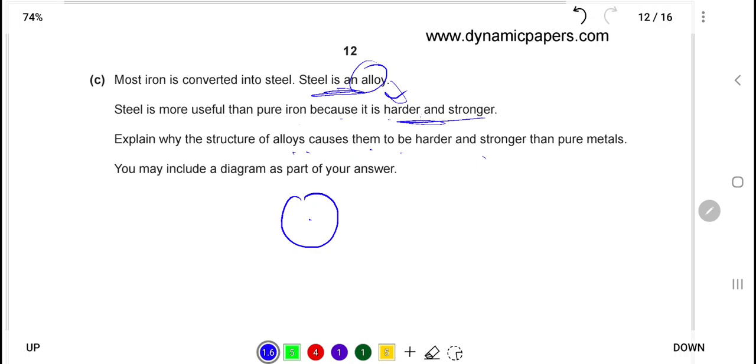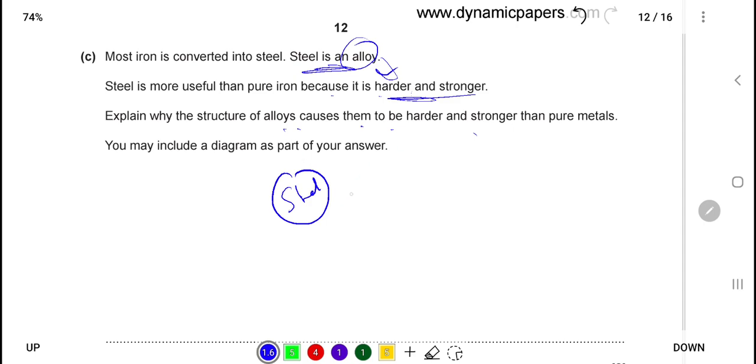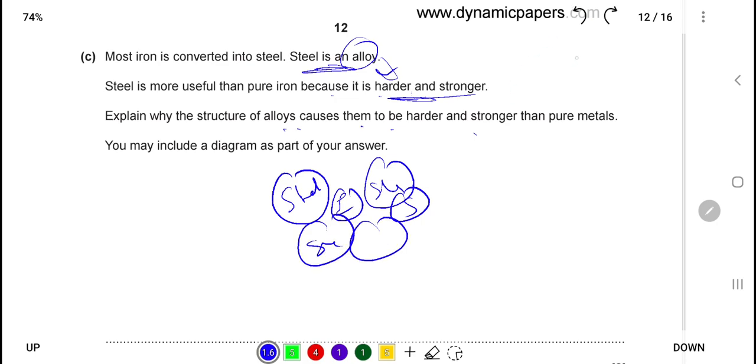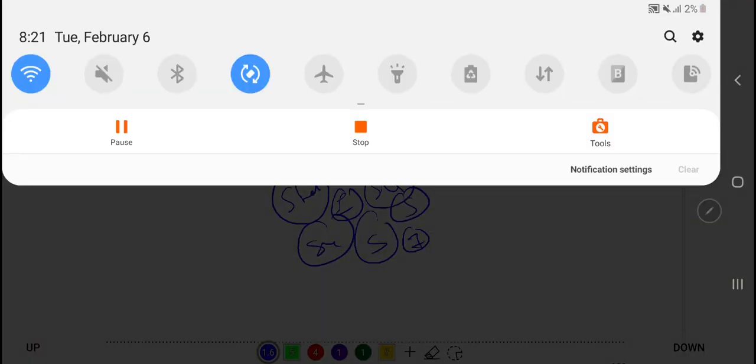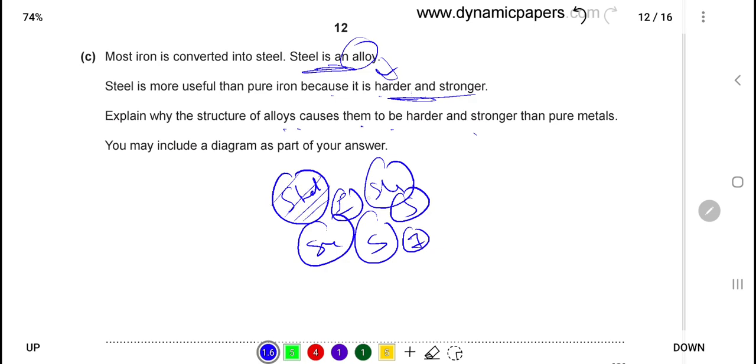Say this is steel. I don't remember the symbol of steel, so just write steel for now, with some iron. You're going to see there's a difference in size: this big, this small, this big, this small.